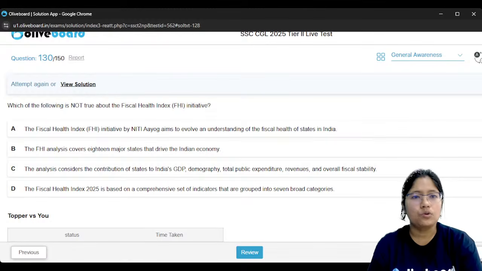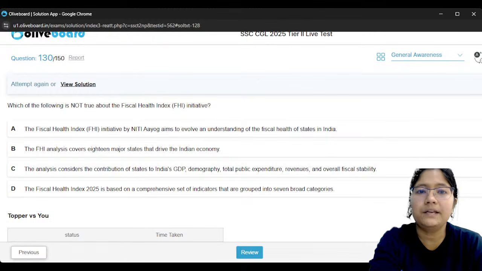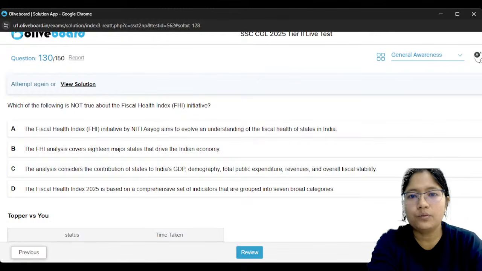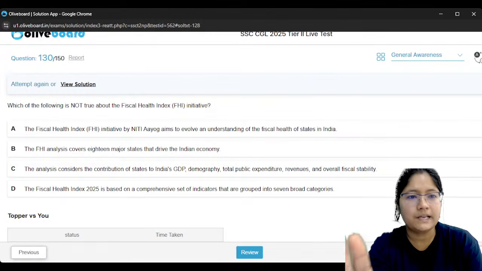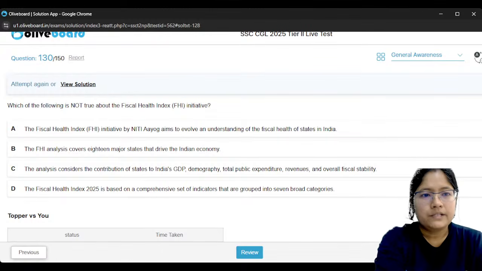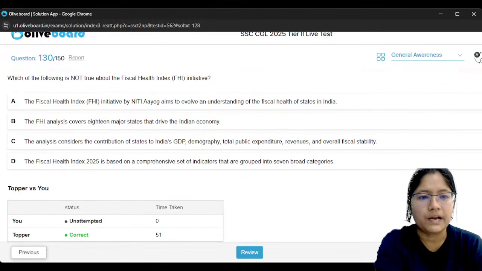Next question, which of the following is not true about the Fiscal Health Index, FHI, initiative? The Fiscal Health Index initiative by Niti Aayog, yes, correct, aims to evaluate and understand the fiscal health of states in India. Yes, it is for the understanding of the fiscal health, right? But let us look into the other options as well. Next option, the FHI analysis covers 18 major states. Next, analysis considers contribution of states to India's GDP. Next, the index is based on a comprehensive set of indicators that are grouped into 7 broad categories.